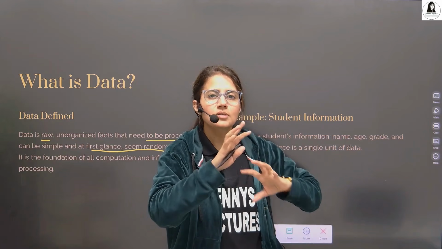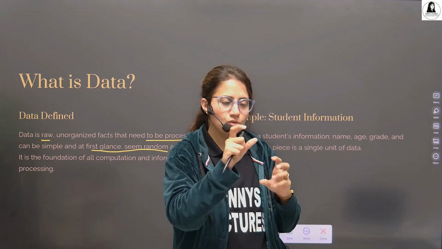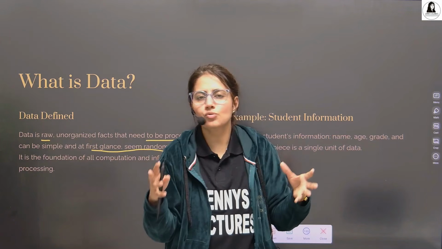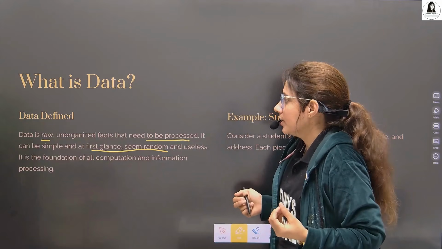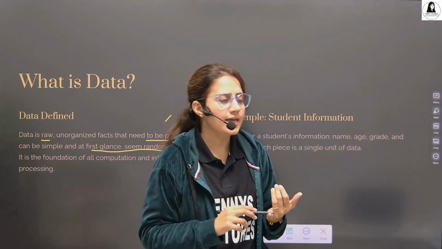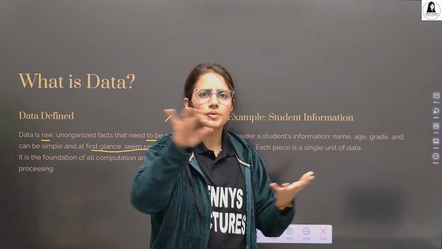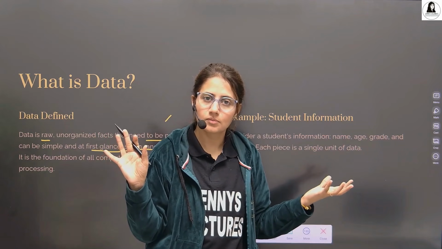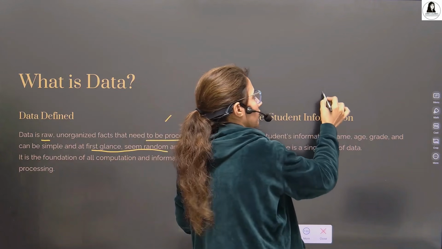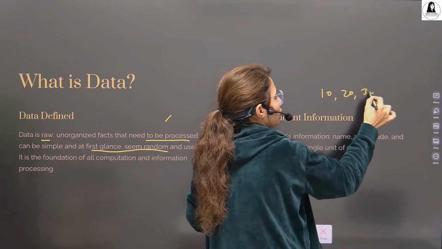So after doing some processing on the data, we get information. But information is not the topic of this lecture. We just need to understand what is data. Now data can be numbers, text, audio, video, in any form. Like we have a list of numbers 10, 20, 30. This is kind of data.